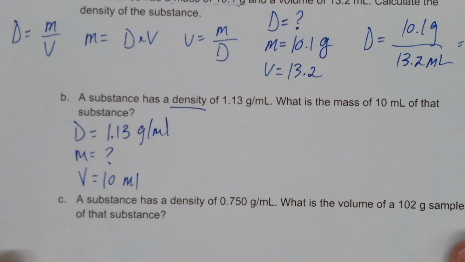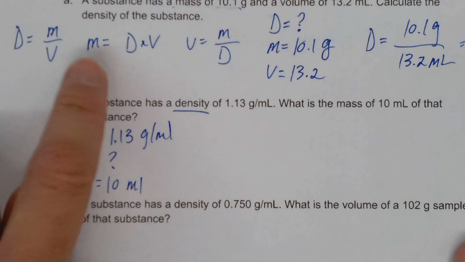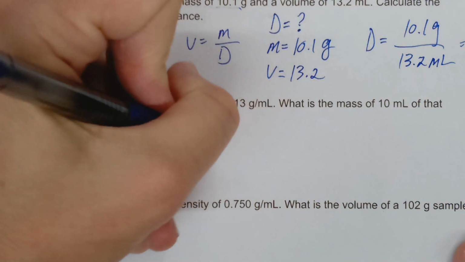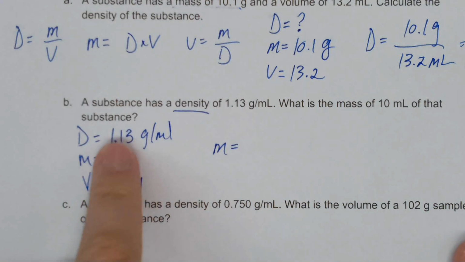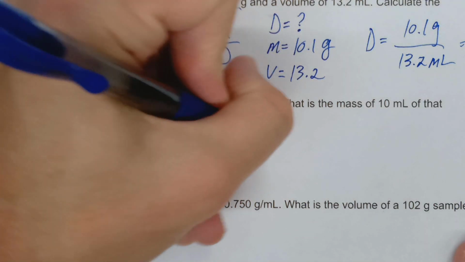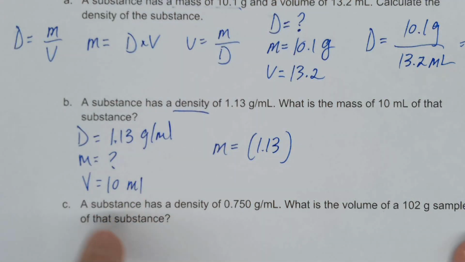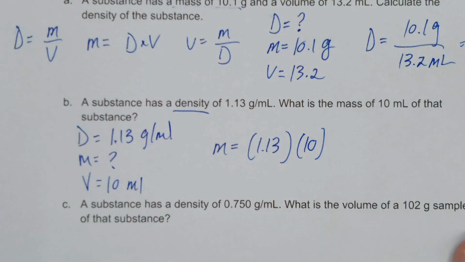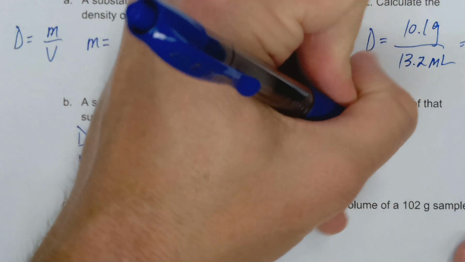So wherever we have our question mark, we want that to be on the left side of the equal sign, so we're going to use mass equals density times volume. So mass equals density, do 1.13, times volume, 10. And when you calculate that, you would get 11.3 grams.